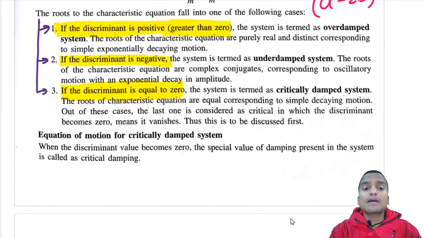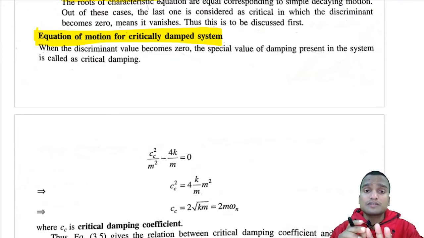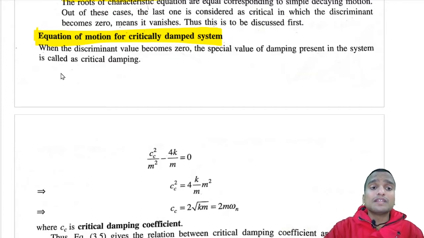So what is happening in the case of a critically damped system? How do we derive the equation of motion for a critically damped system? As we have discussed, there are three types of systems characterized from the characteristic equation depending on the nature of D. If D is equal to 0, it is critically damped.